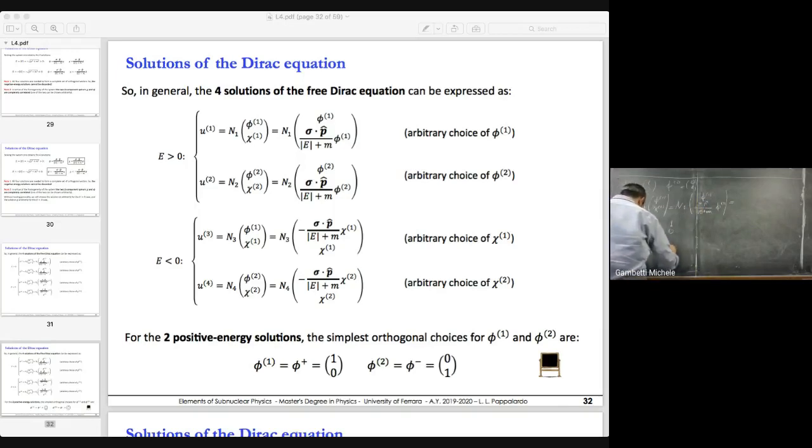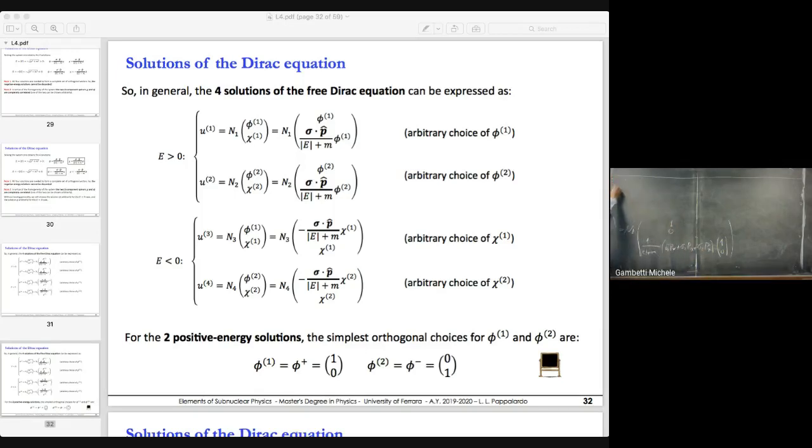So this is sigma 1 Px plus sigma 2 Py plus sigma 3 Pz that acts on (1, 0). Let's now make explicit the three Pauli matrices.